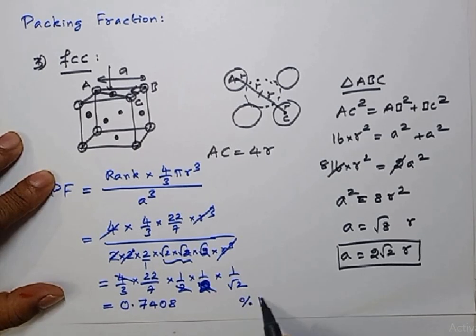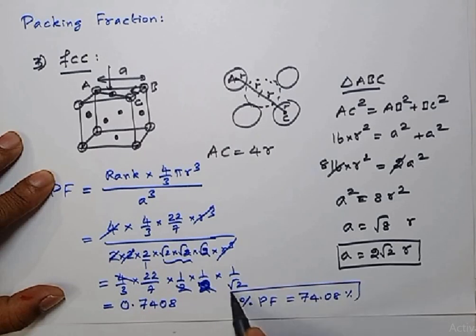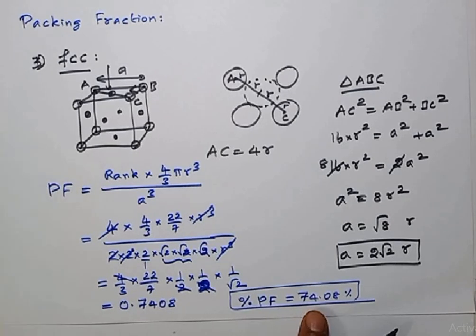Percentage packing fraction means you have to multiply this by 100, so you will get 74.08 percent. Take down. Which means 74% of the unit cell is occupied, and the remaining around 25.92% is empty. Take down.